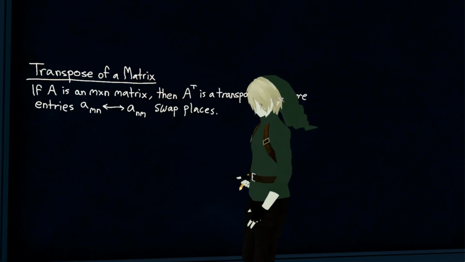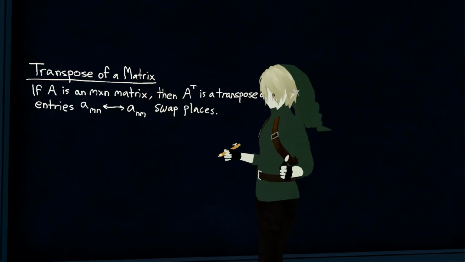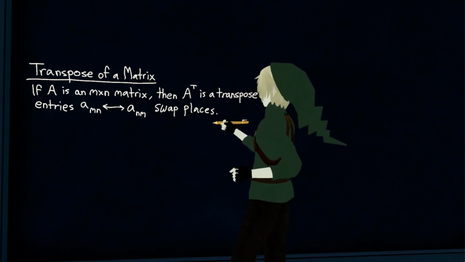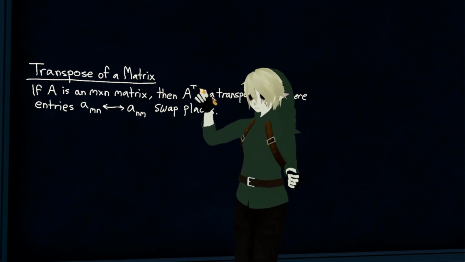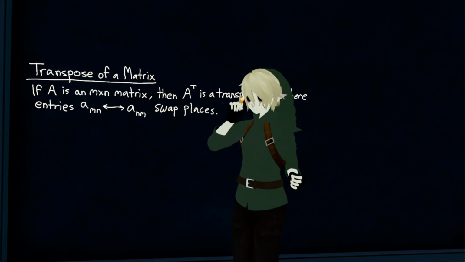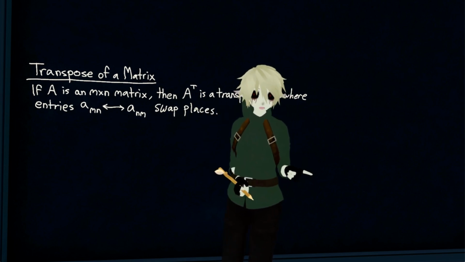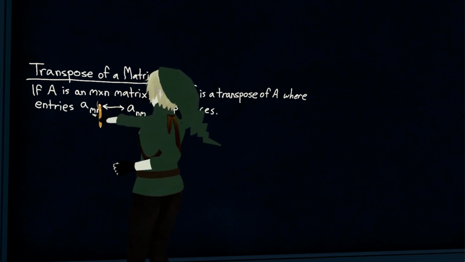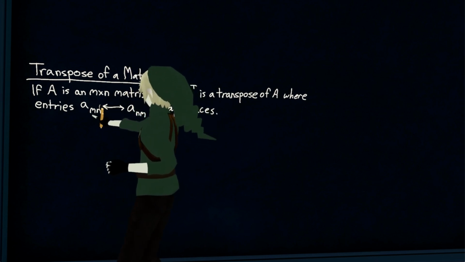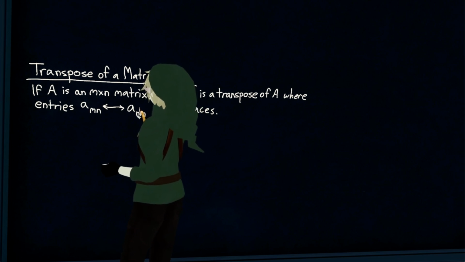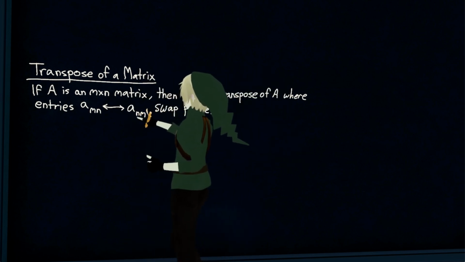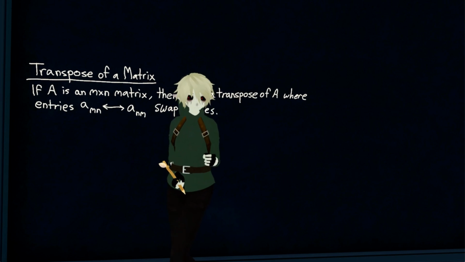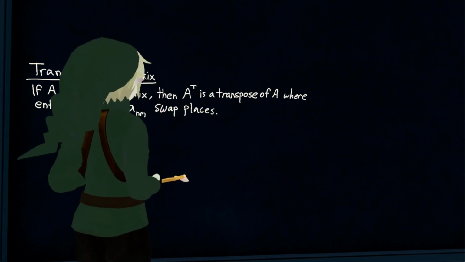So pretty much what I'm saying is the entries of the rows will swap places with entries of the columns. So pretty much every entry mn swaps places with the entry in the position nm. Okay, that's what a transpose of a matrix means.